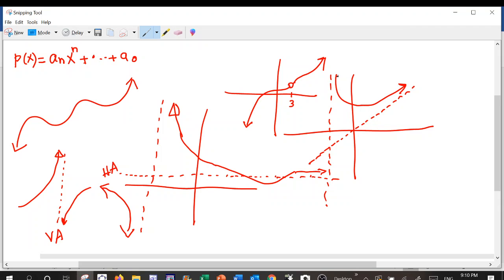These are all situations that we didn't have with polynomials. Obviously they're not polynomials. You could also have a situation where we have another polynomial, maybe a line, and then the function approaches it, something like that. So all of these are not graphs of polynomials.